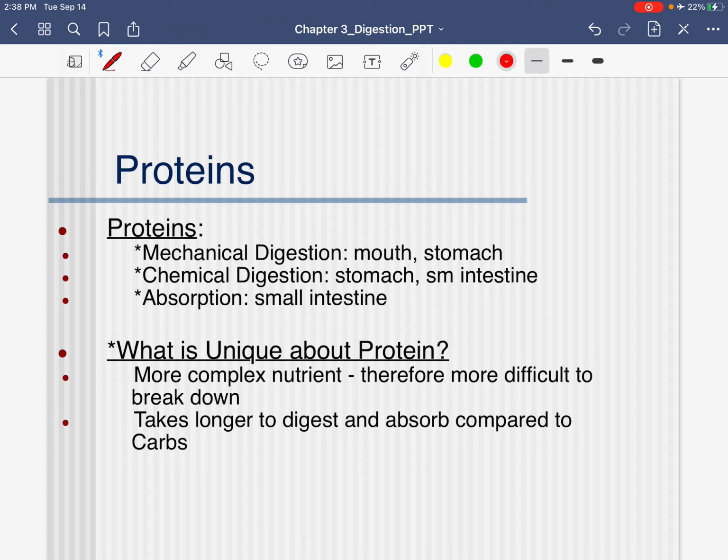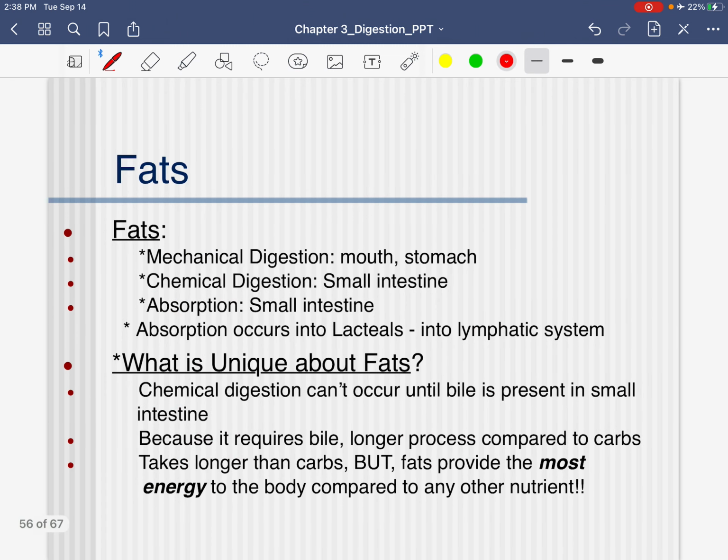We talked about something unique about proteins is that we begin chemical digestion in the stomach. Overall, protein is a more complex nutrient and therefore it takes longer to break down. Then we have fats. Some of the unique things about fats. It requires bile.